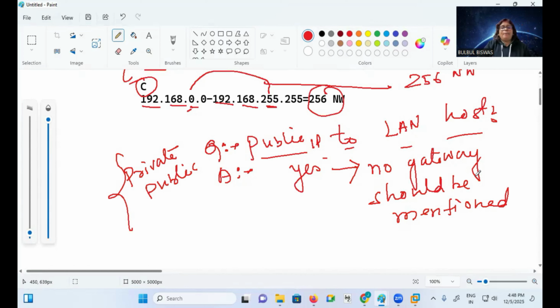Else what will happen? If the gateway is there and your LAN host has a public IP, maybe you are trying to communicate with your LAN host with the public IP, but that IP may be redirected to a public host of any WAN.